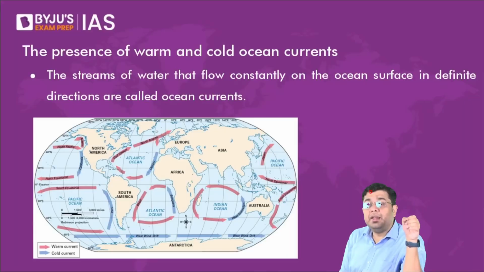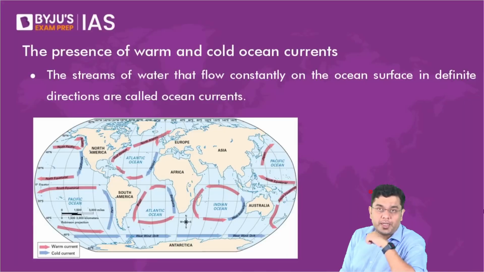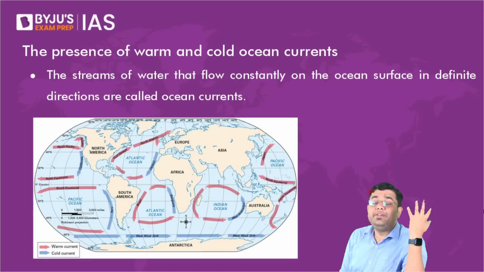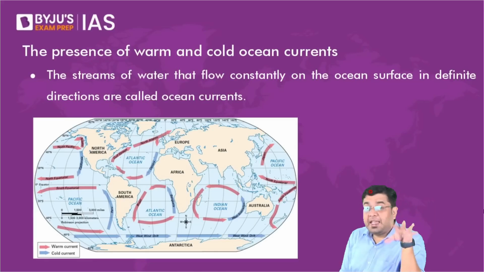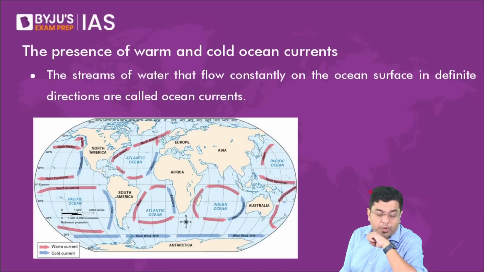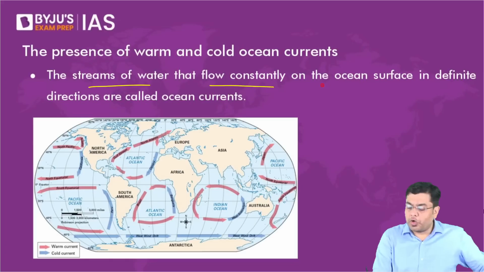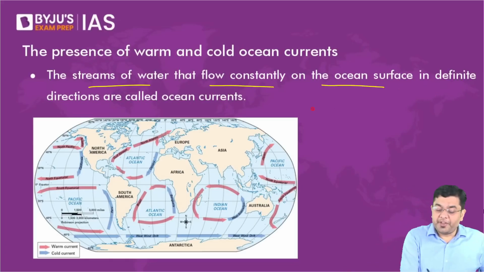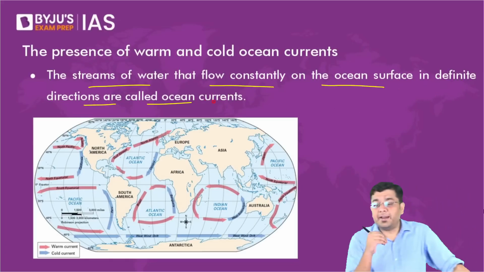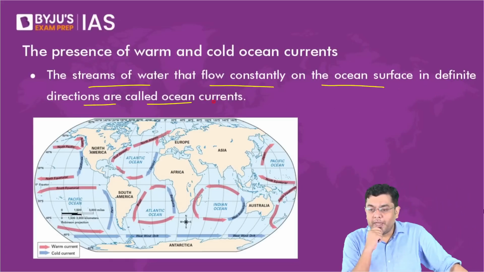So if any area is frequented by a warm ocean current, it will lead to a rise of temperature. If any area is frequented by a cold ocean current, it will lead to a significant reduction in temperature. Okay. So ocean currents are basically the streams of water that flow constantly on the ocean surface in a definite direction, and that is what we refer to as ocean currents.